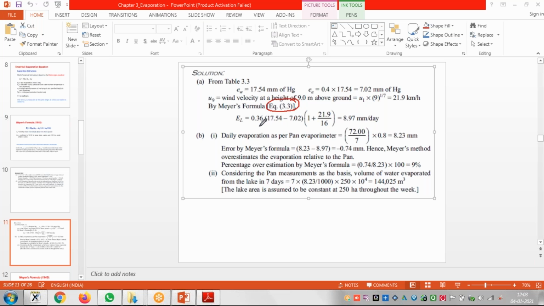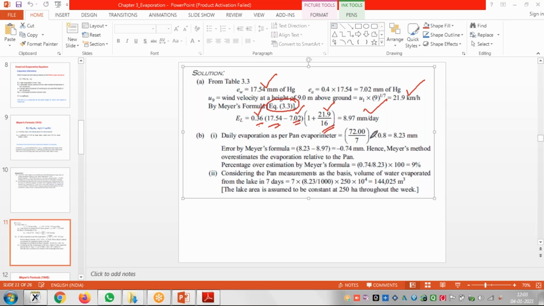Meyer's equation. So we will put all the values: 0.36 because it is below 9 meter, that's why 0.36. Then 17.54 is this. EW minus EA, that is 7.02. 1 plus U9, meaning 21.9 kilometer per hour, divided by this 16. So we will get this in mm per day.